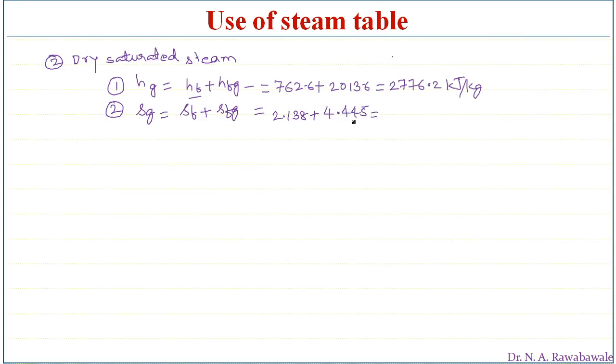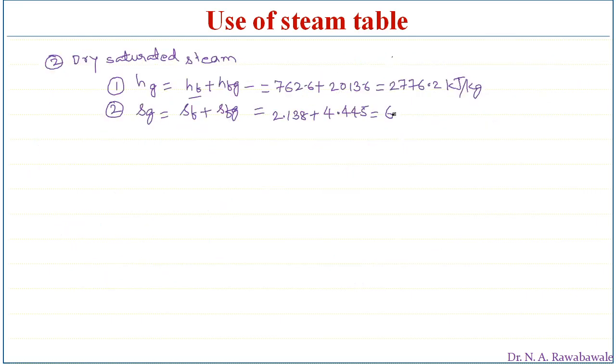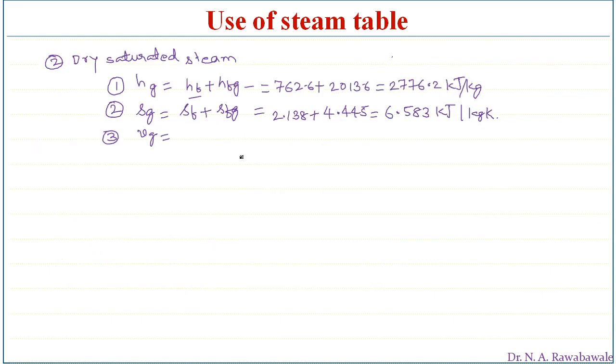If we add these two values, we get Sg value as 6.583 kilojoules per kg degree Kelvin. And third one is specific volume Vg, which is directly given in this steam table, that is 0.1943 meter cube per kg.